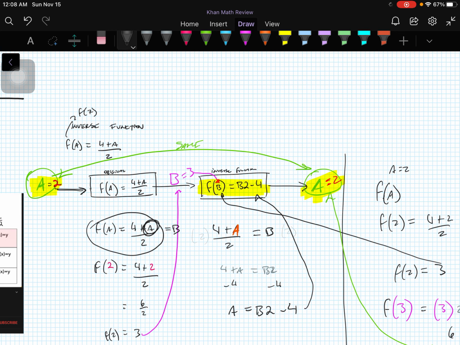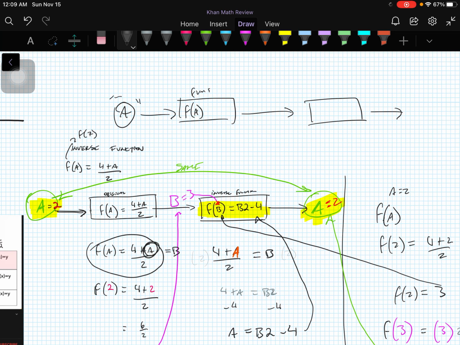So to summarize this, just so you can have a big picture of what we just did, I put a number that we're going to call a into this function. It's an f of a. Usually they call it f of x, but we're going to call it f of a for simplicity. Whatever comes out of this function, this is the answer, we're going to call that b.